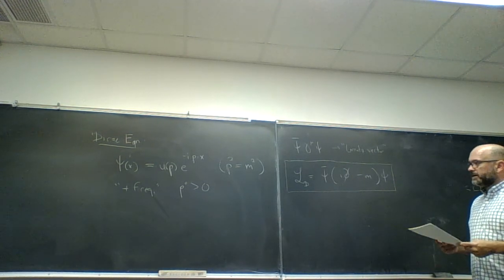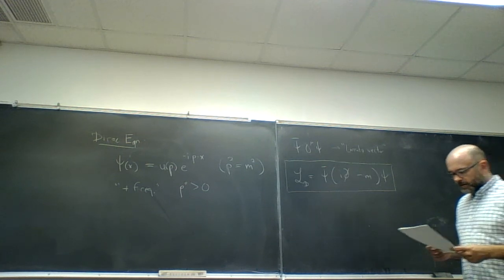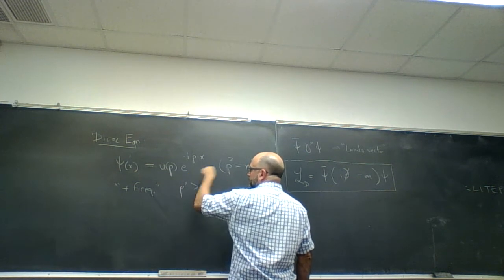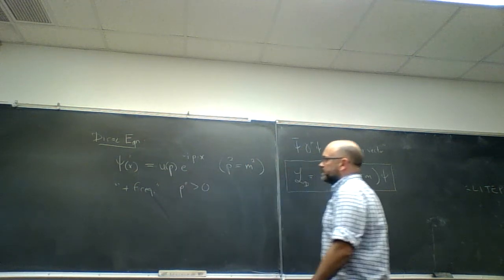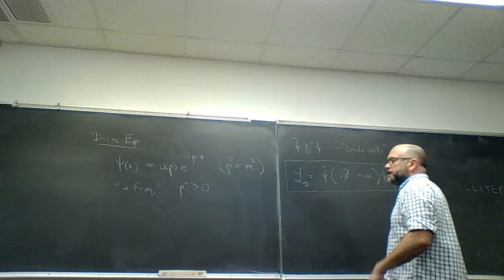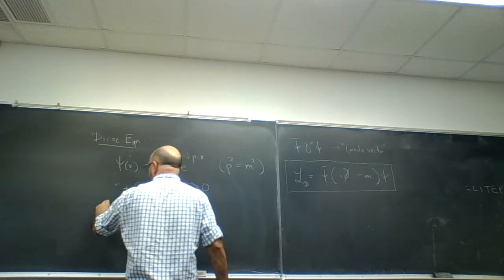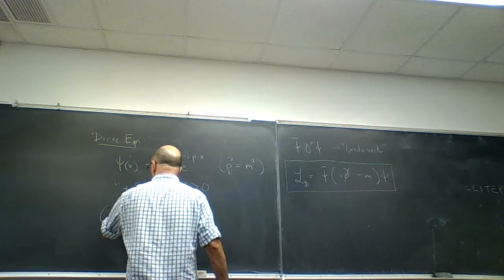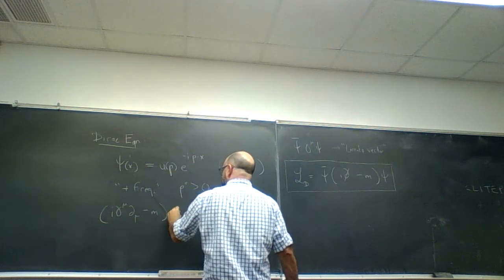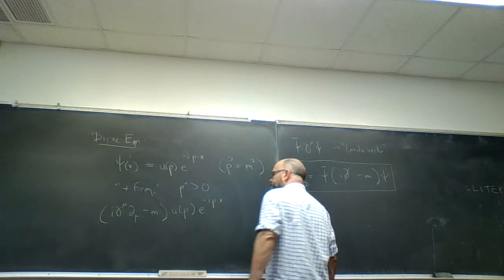We'll come back to the negative energy solutions later. All right. So this satisfies the Klein-Gordon equation. Let's plug it into the Dirac equation and see what we get. Okay, so I'm going to take i gamma mu del mu minus m and operate on this guy. So I have u of p, e to the minus i p x.